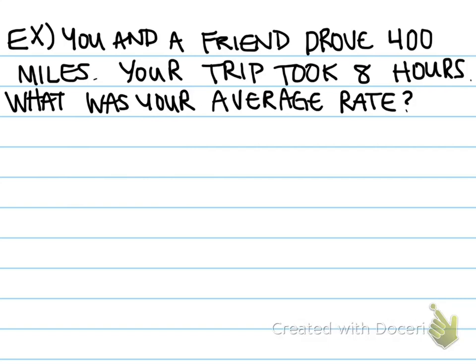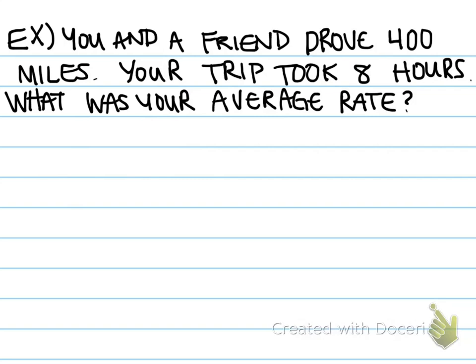Okay, hopefully this example looks very similar to what we've done in the past. You and a friend drove 400 miles. Your trip took 8 hours. What was your average rate? We could write this rate in two different ways. However, let's write it as we would normally think of a traveling type rate. So if you think of how we travel, we usually talk miles per hour.